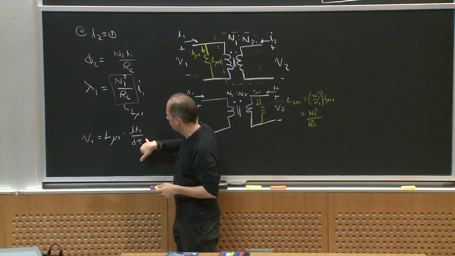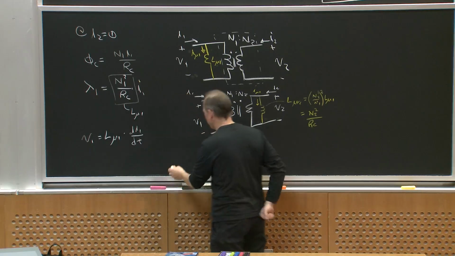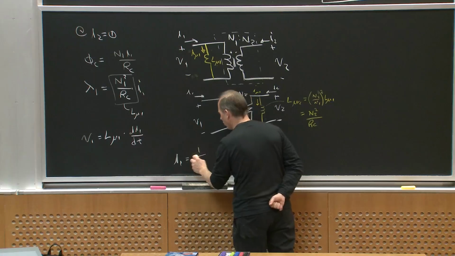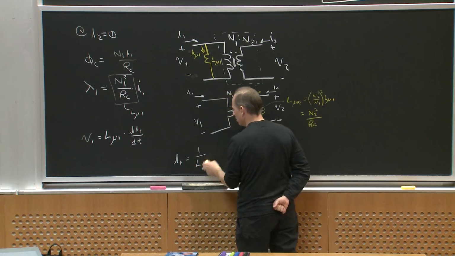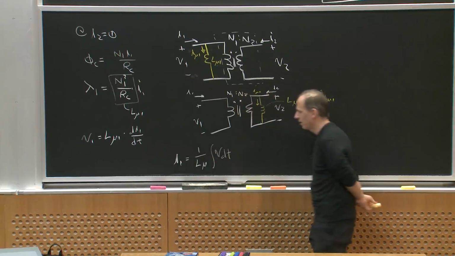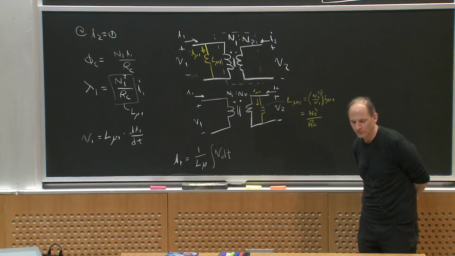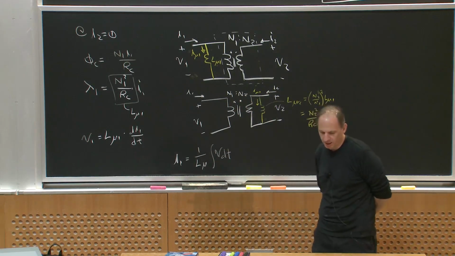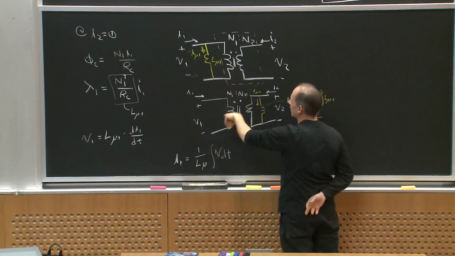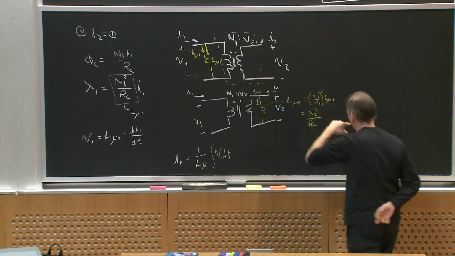Or looked at another way, V is equal to L mu 1 di/dt. That means I1 is equal to 1 over L mu, the integral of V dt. Keep in mind that another way to look at it is, what's the flux linkage in the core?